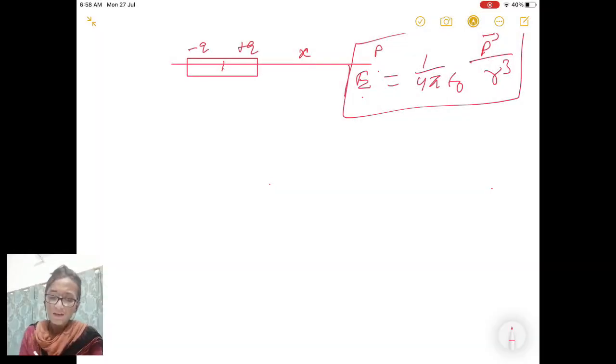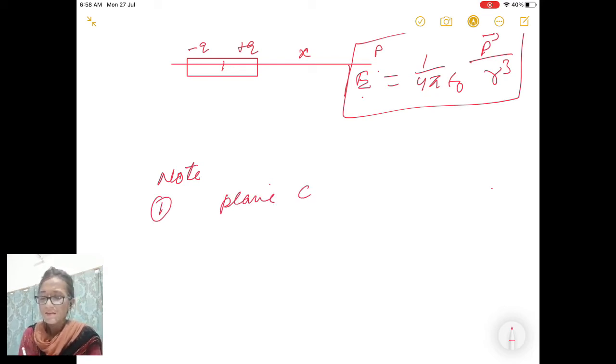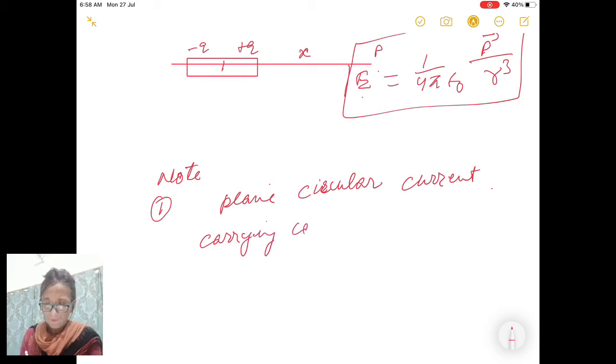What do we learn? Note, first thing, that a plane circular current carrying coil behaves as a magnetic dipole.